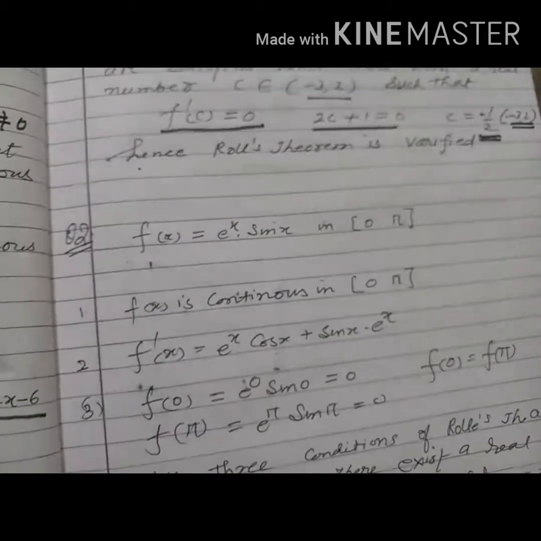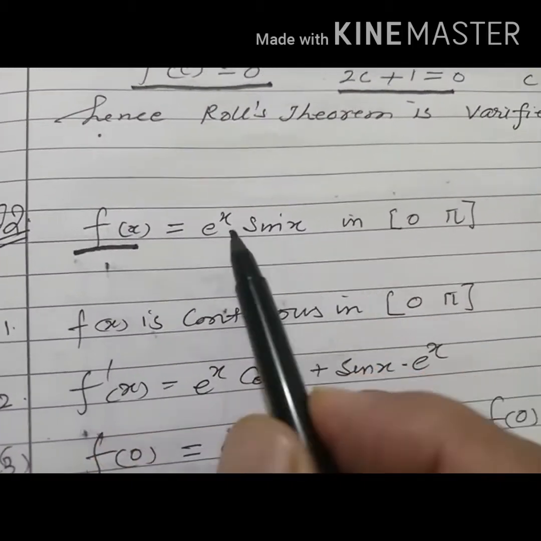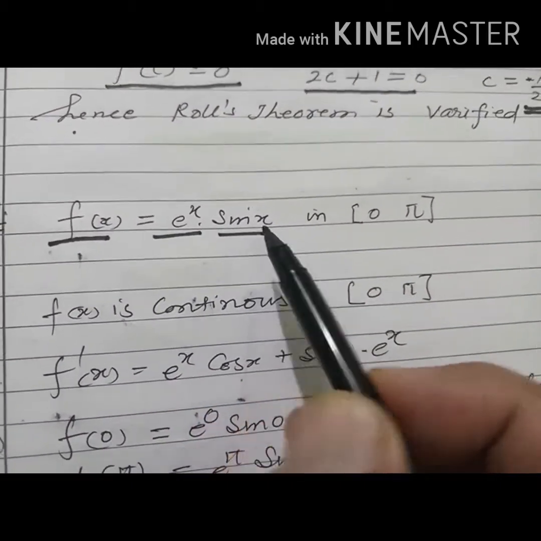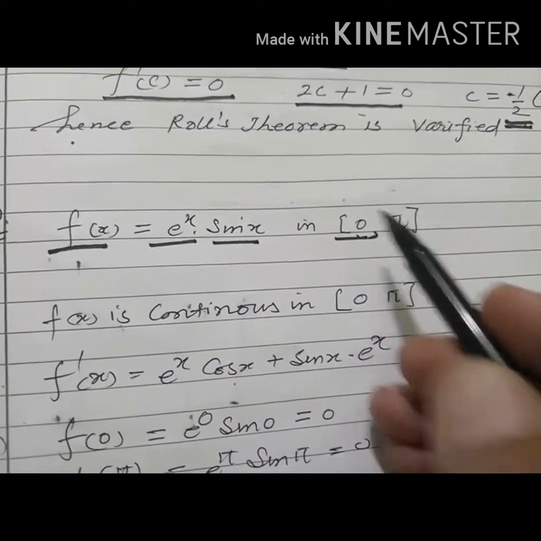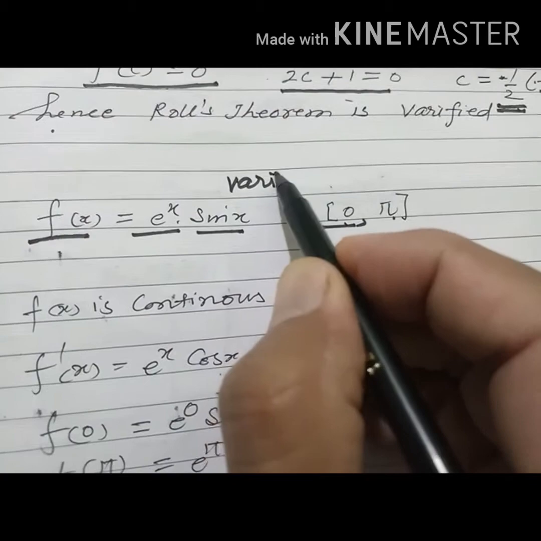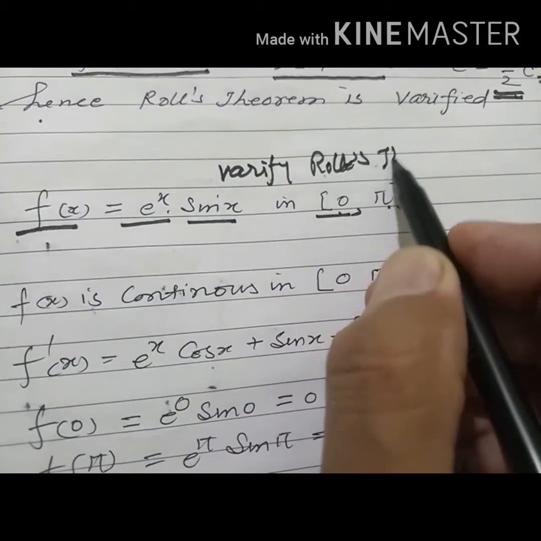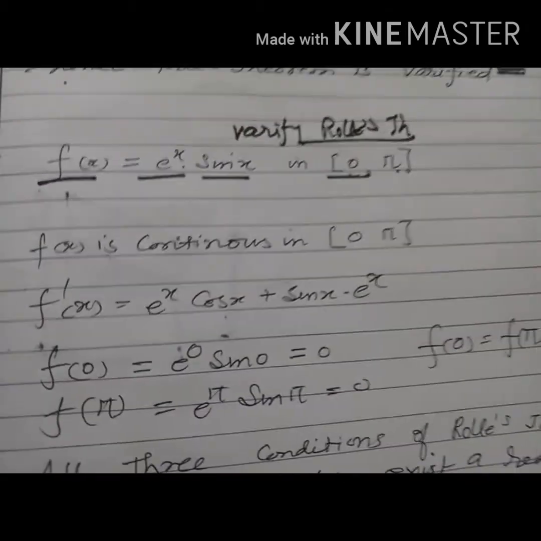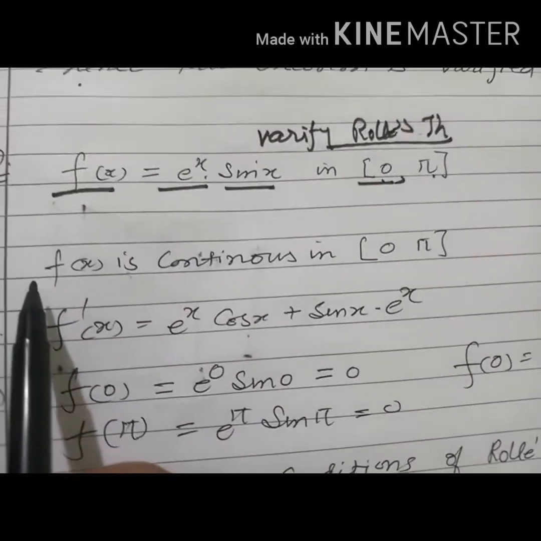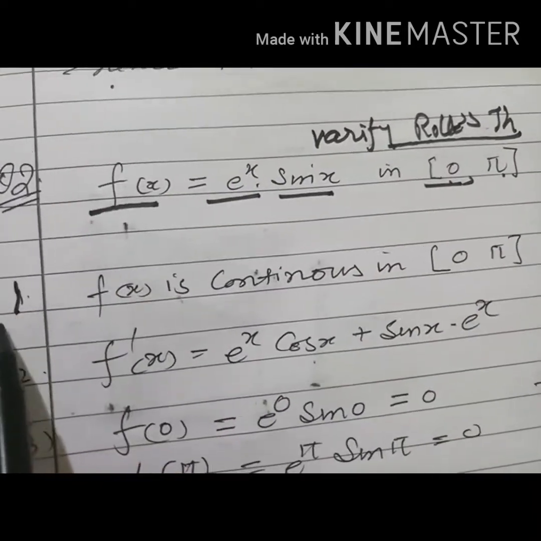We take one more example. F x equals to e raised to x into sin x in the closed interval 0 to pi. Verify the Rolle's theorem. Now what we see first, we check continuity here.